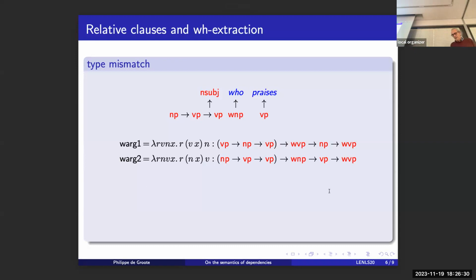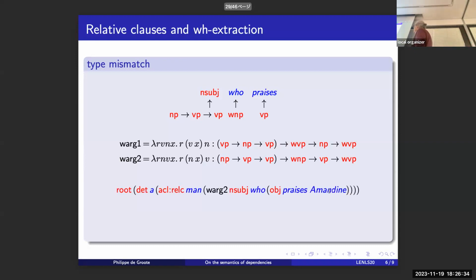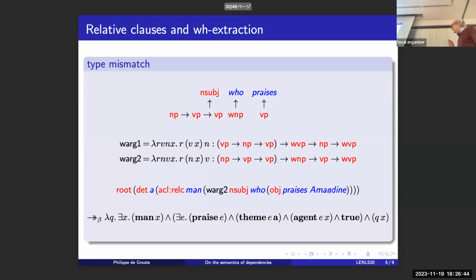And then with those coercion functions, we indeed obtain this. It's a possible parsing of "a man who praises and a name". And if we apply all those recipes that I gave, then it reduces to somehow what you expect.